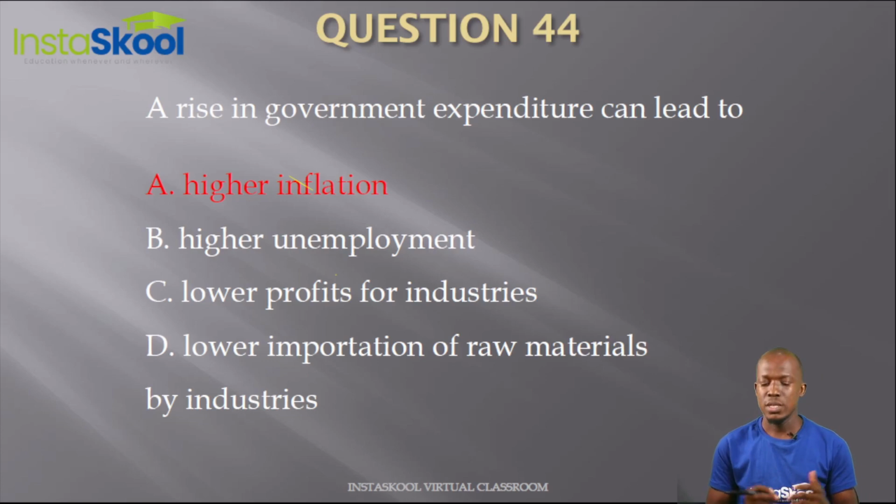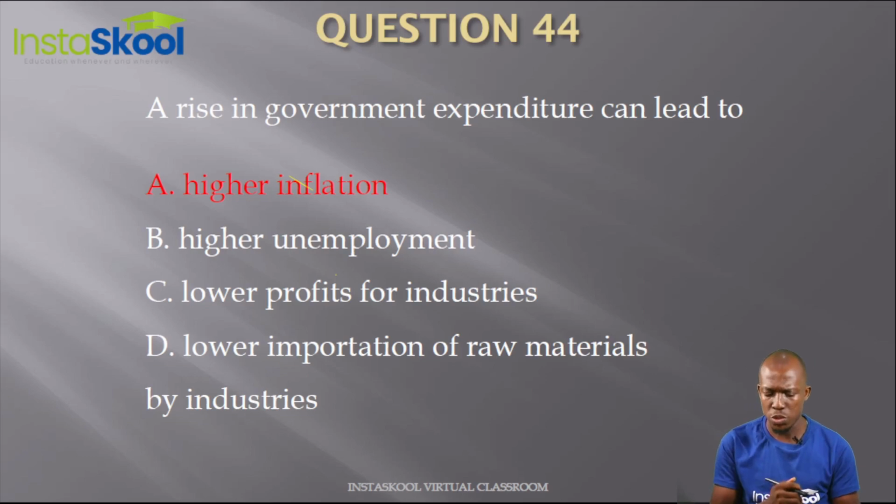When government increases their expenditures, that means they have more money that they are putting into circulation, and this will lead to inflation. So it cannot lead to higher unemployment. Rather, it will lead to lower unemployment, because with more money in circulation, there will be more production, there will be more people who are engaged.